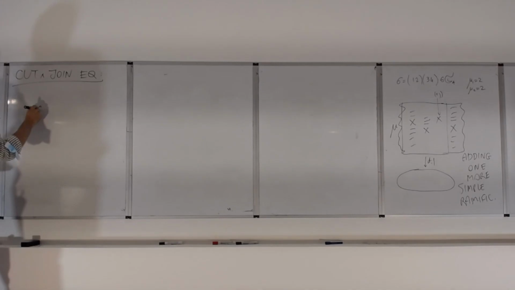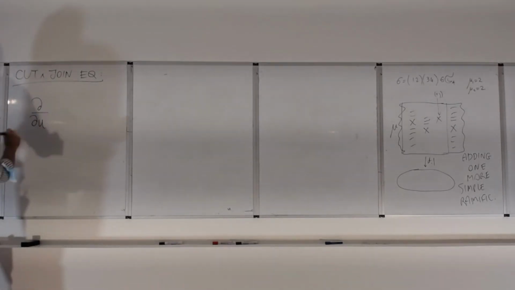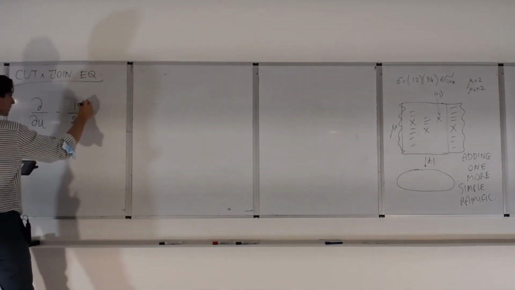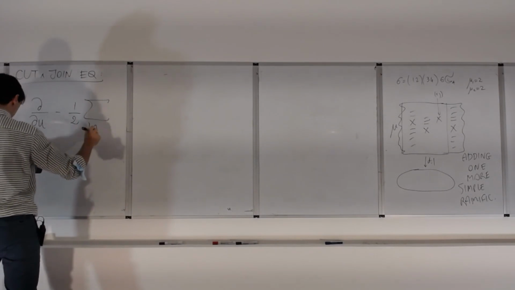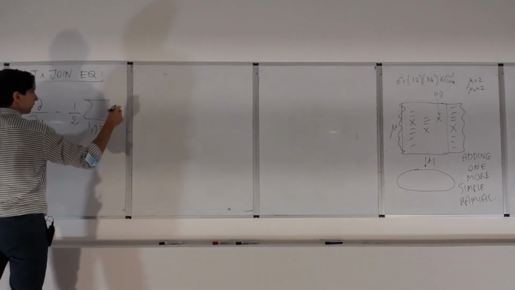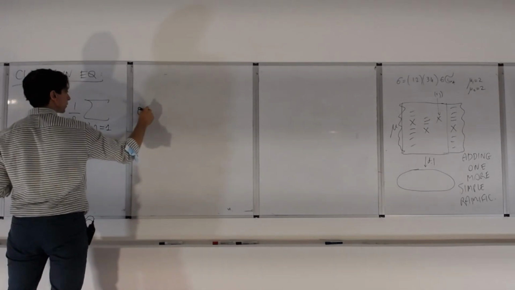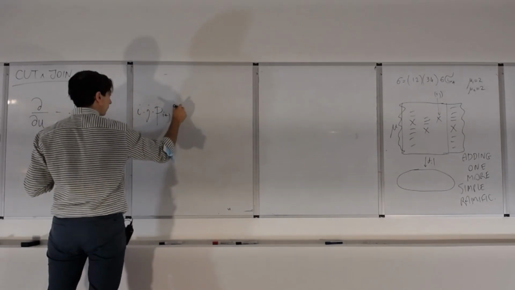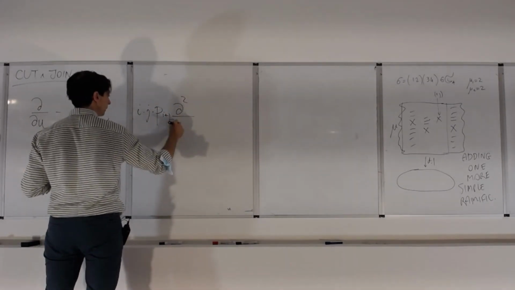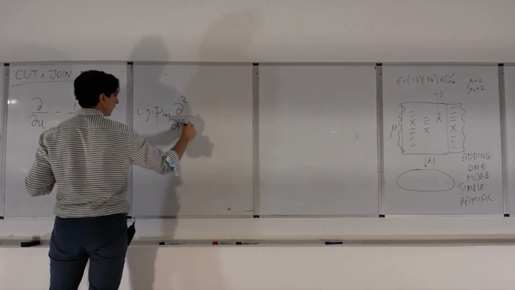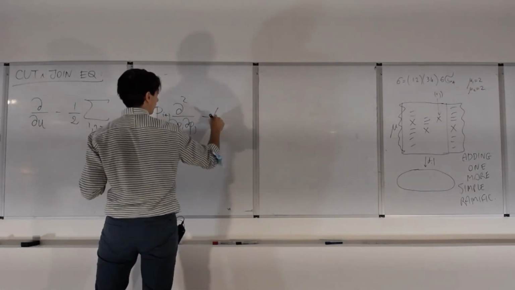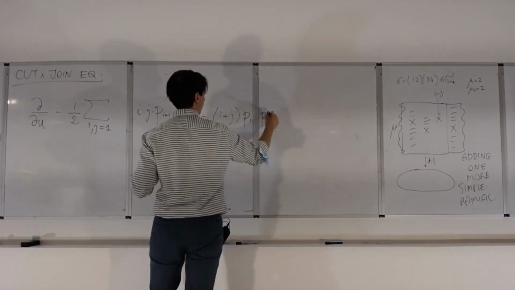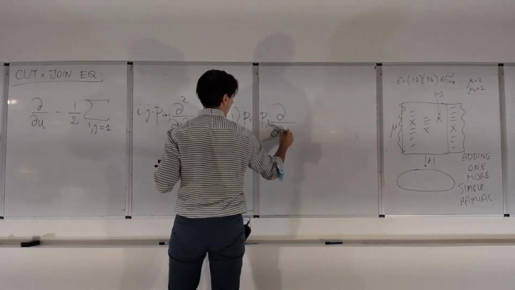So I claim that if you take d over du minus 1/2 sum over i and j, starting from 1, and here you have i times j times p_{i+j}, double derivative d over dp_i d over dp_j, minus (i+j) p_i p_j, derivative d over dp_{i+j}.